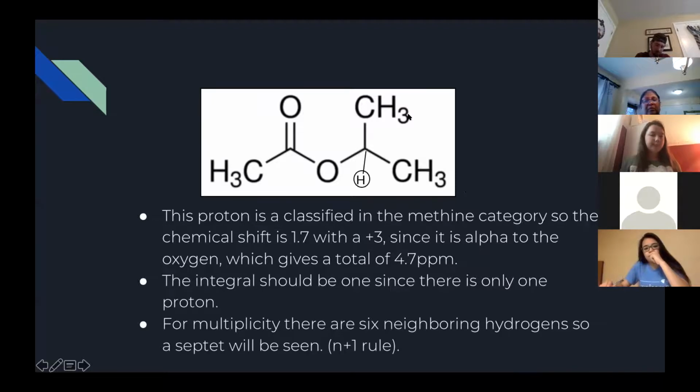If you remember the n+1 rule, since there's 6 hydrogens, I would do 6 + 1, making this a septet, which means it's going to have 7 peaks. That's all it means. Remember, the whole group is an isopropyl group. So the hydrogen will split as 7, and then she'll show you what happens to the CH3s.